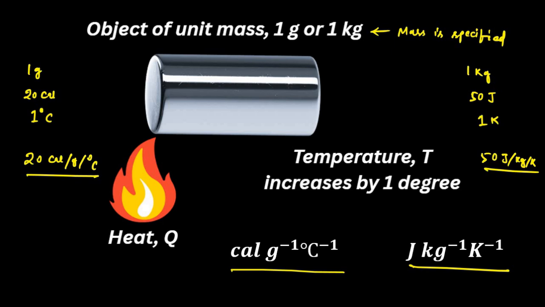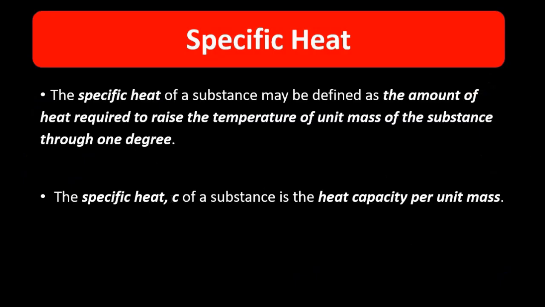Specific heat is expressed as small c, and we can say that it is the heat capacity per unit mass.